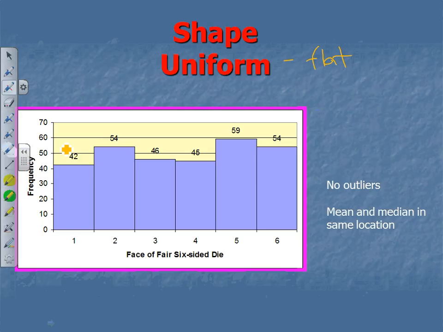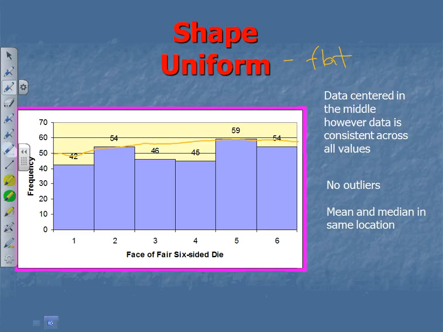Okay? And since it is a fair six-sided die, you would think the probability of each number showing up is equal. So if you just keep rolling it, eventually you will see that all of these numbers would be the same, across some line. There's no outliers. The mean and the median will be in the same location. Data's spread out evenly across the entire range.